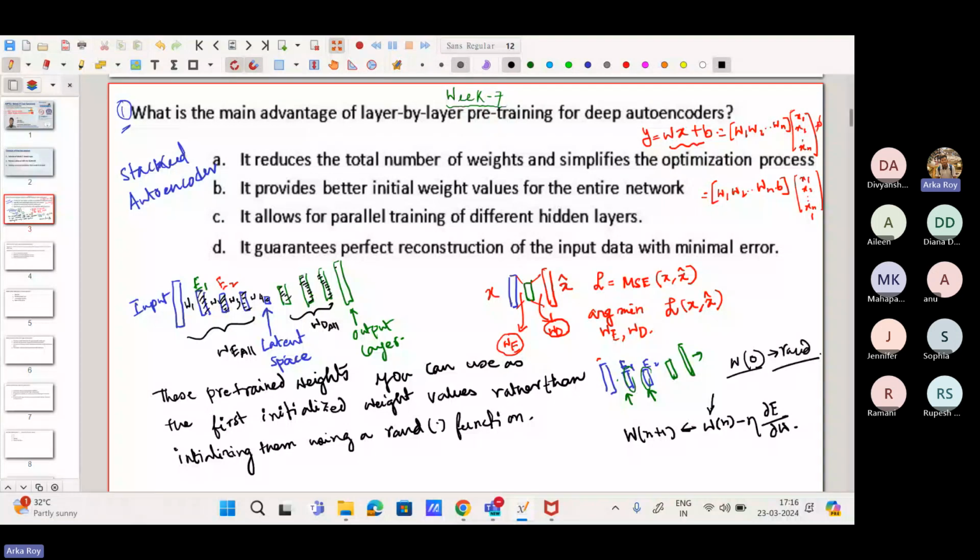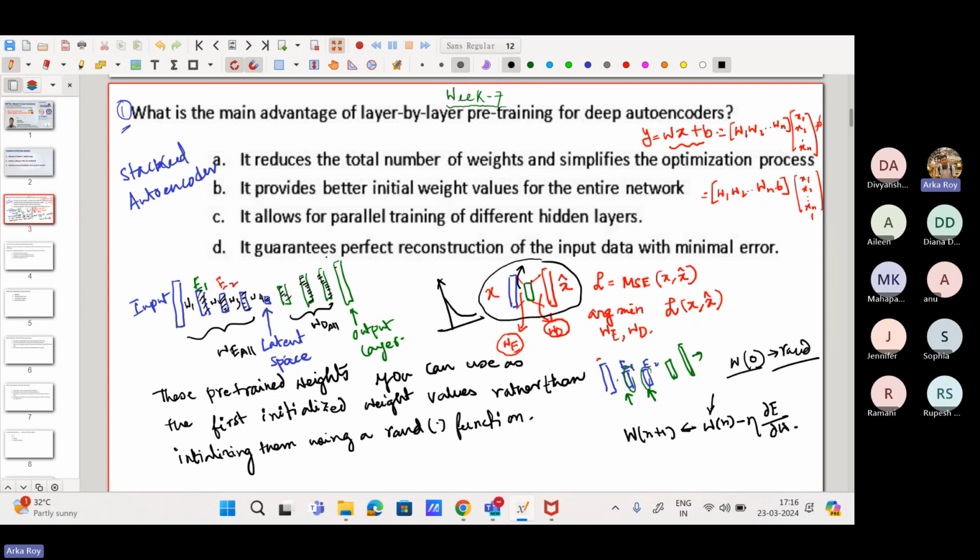Now, if you use a rand function, your model will take a substantial amount of time to converge. However, while these layers have been pre-trained, you have already done a loss minimization. So you already have some good weights with which you can initialize this whole model, which will converge this loss minimization process quite a bit faster.